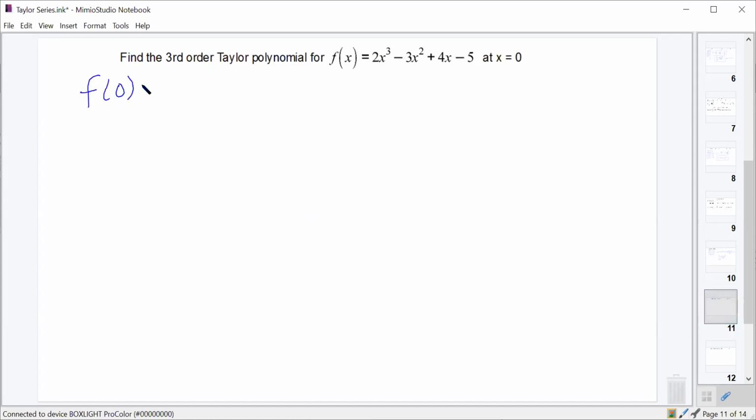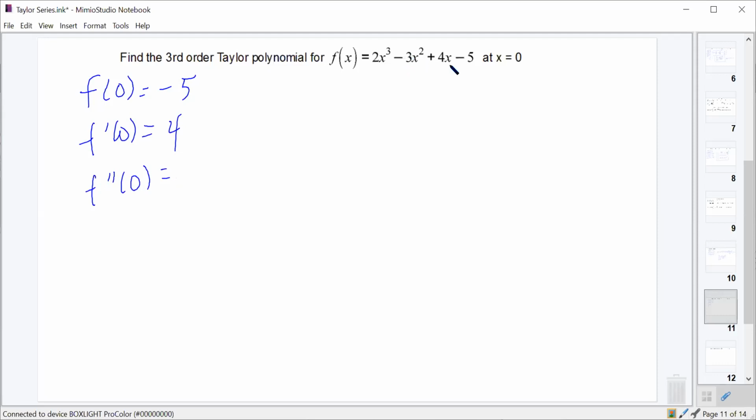Let's just see if that's true. F of 0 is, f prime of 0 should just be this coefficient, right? It's just that 4. What about f double prime of 0? Right, so if we're taking our derivatives here, we're going to end up with not a -3.